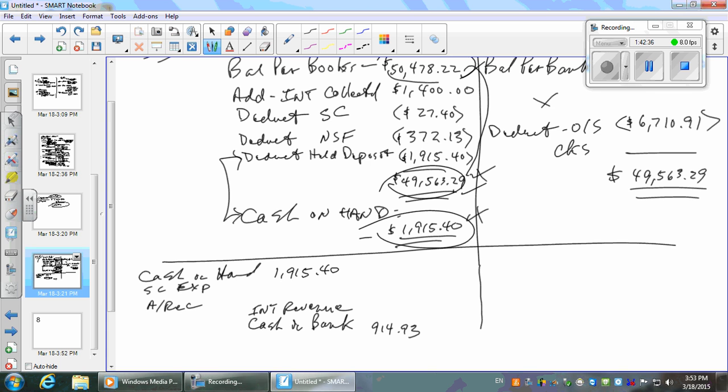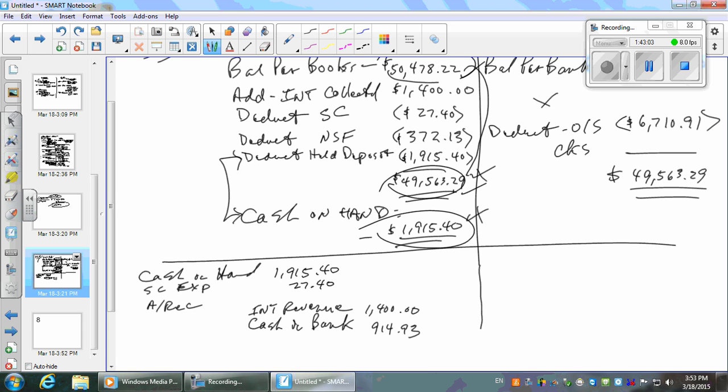And your total cash and cash equivalents in your balance sheet is the same anyway, right? But it's not in your bank account. Okay, then what do we want to do? How about the interest? 1,400 is interest revenue, right? It's debit cash and credit interest revenue, but it's included in that 914.93. So is the increase in cash on hand. Then we have a service charge of 27.40.